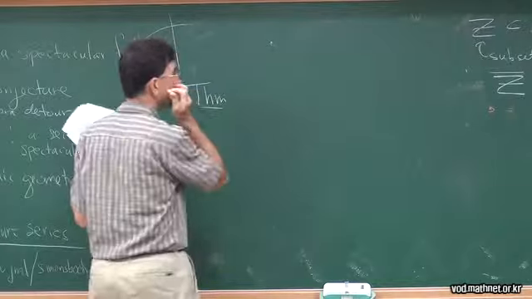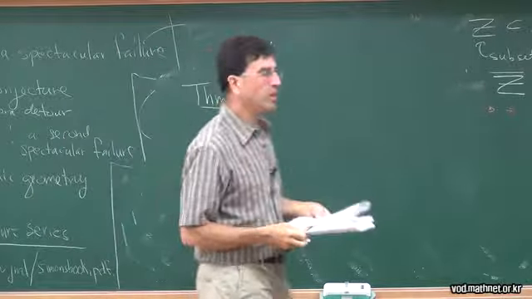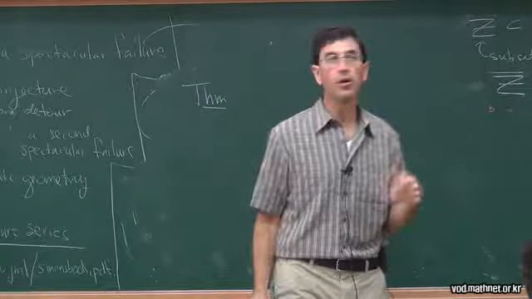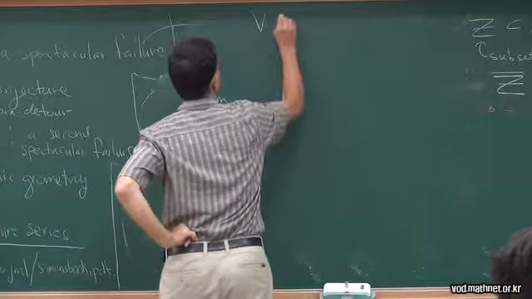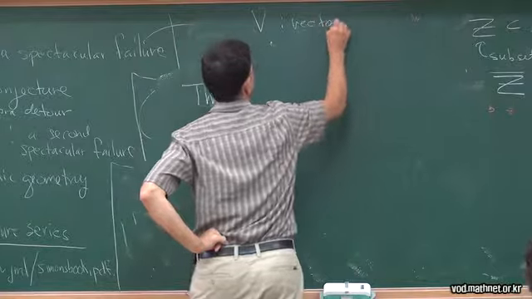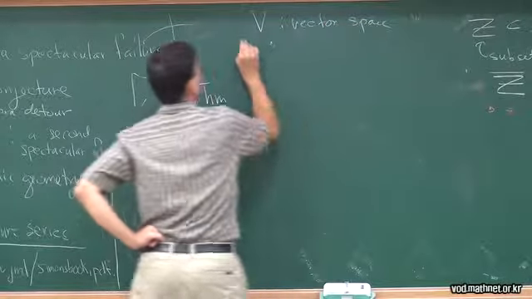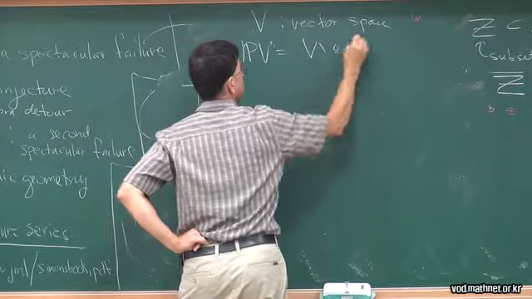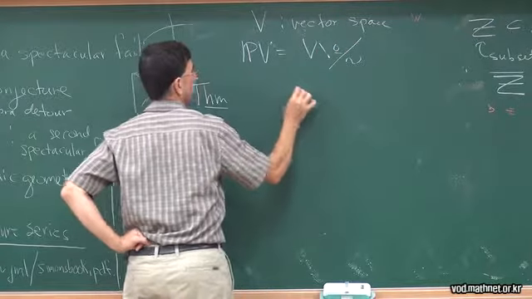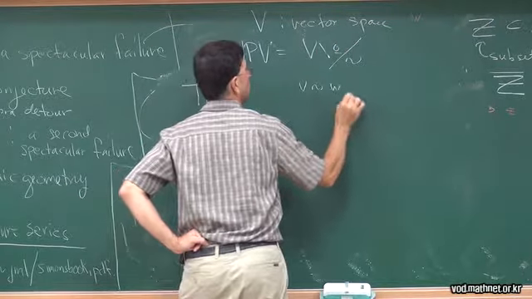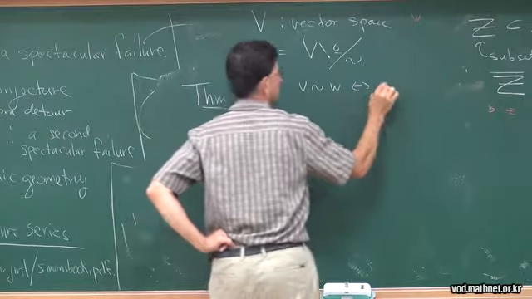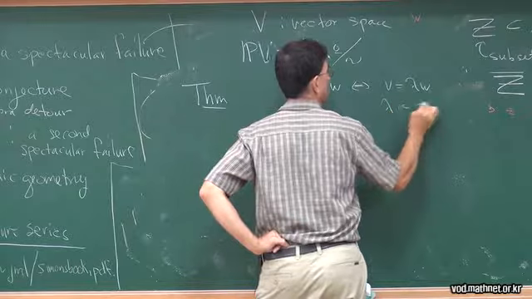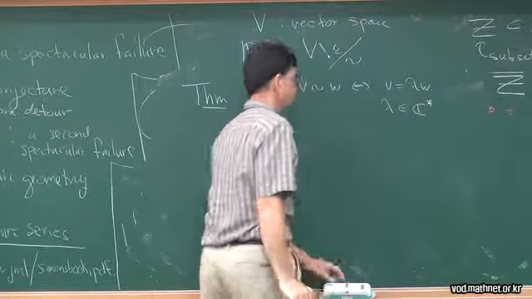Oh, let me introduce a little notation. I really would prefer to work in projective space and with homogeneous polynomials. So if V is a vector space, I'll let PV be V take away the origin modulo an equivalence relation, where V is equivalent to W if V is some lambda W, lambda a non-zero complex number.